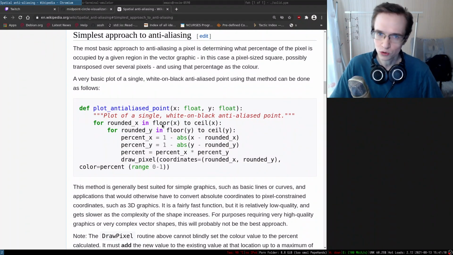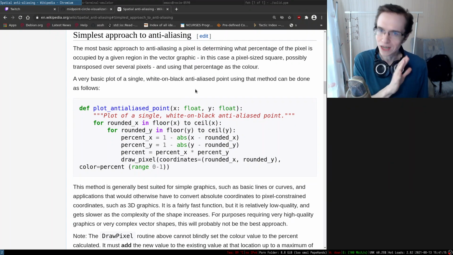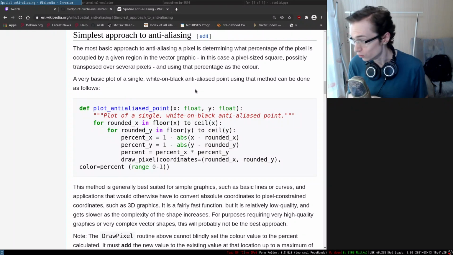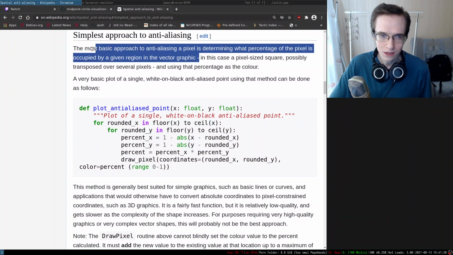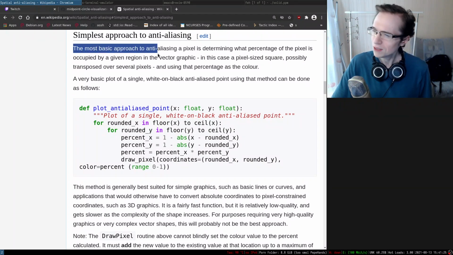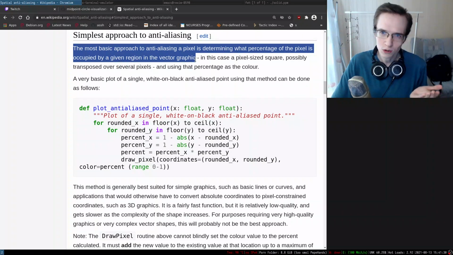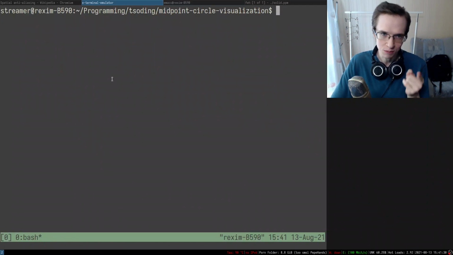The most basic approach to anti-aliasing in pixels is determining what percentage of the pixel is occupied by a given region in the vector graphics, and so on and so forth. And this actually struck me. It gave me an idea that it's not that difficult to implement in that specific piece of code.